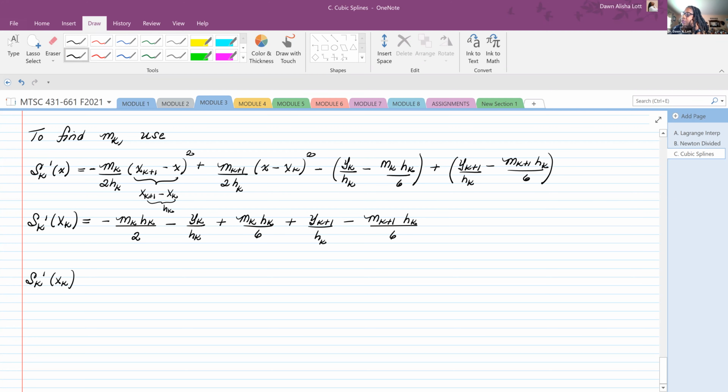So I get h_k squared, and h_k squared over the h_k just gives me h_k. And then the next term, when I put x_k in, I get 0. And then I distributed the minus on the third term, and I just wrote the fourth term as it is. Okay, thank you for asking.